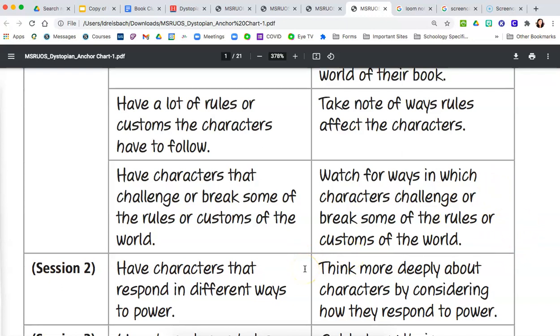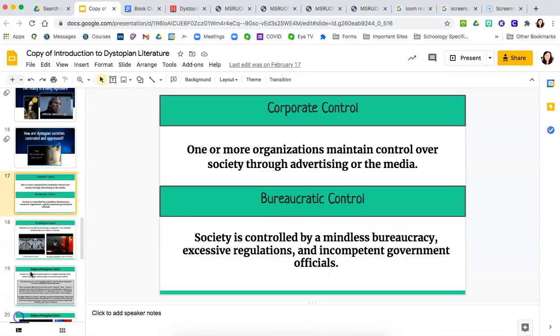And finally, remember we talked about the different forms of power, the different ways power or control is maintained in a dystopian novel. I'm going to switch back to that really quickly. So I went back to our notes from the beginning of the unit. Remember corporate control, where one or more organizations might maintain control over society through advertising and the media. Maybe it's bureaucratic control, where society is controlled by a mindless bureaucracy, excessive regulation, incompetent government officials.